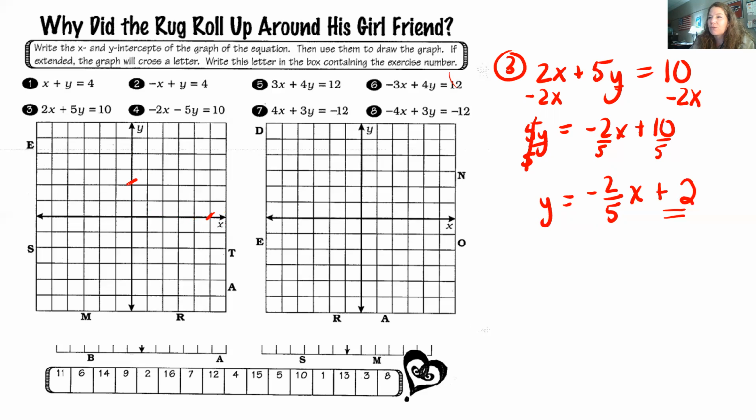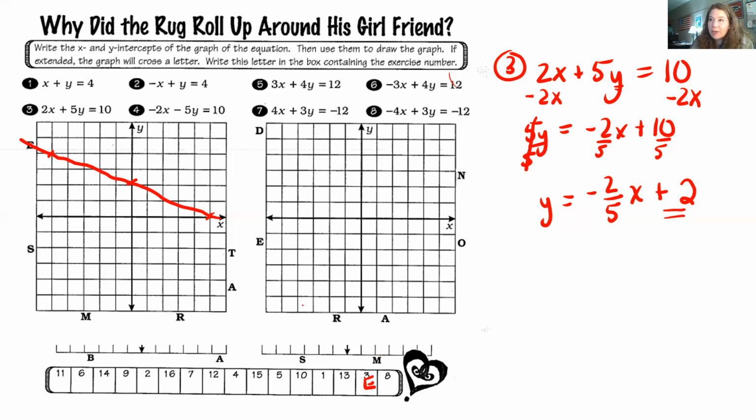Instead of going down 2, right 5, I'm going to go up 2, left 5: 1, 2, 3, 4, 5. And then when I draw my straight line, I see I went through the letter E. So number 3 is E.